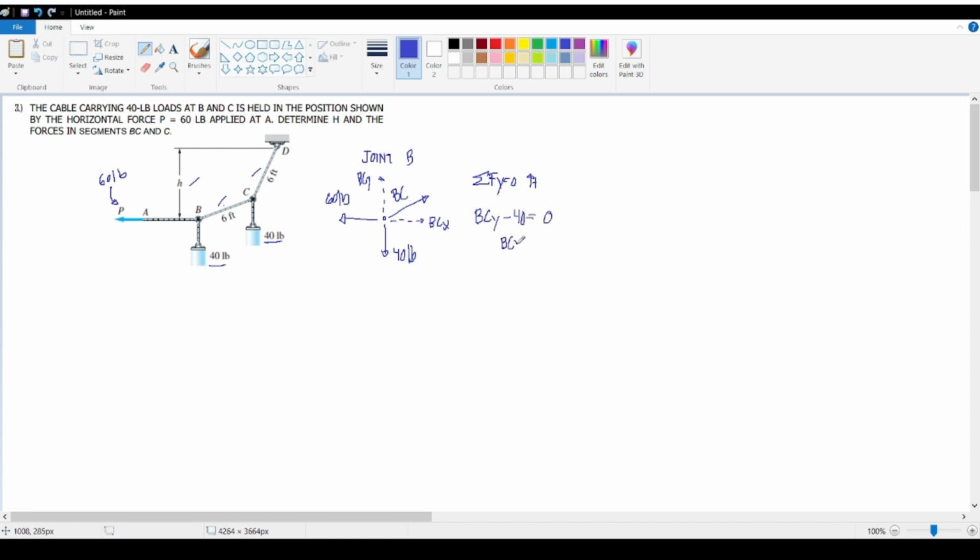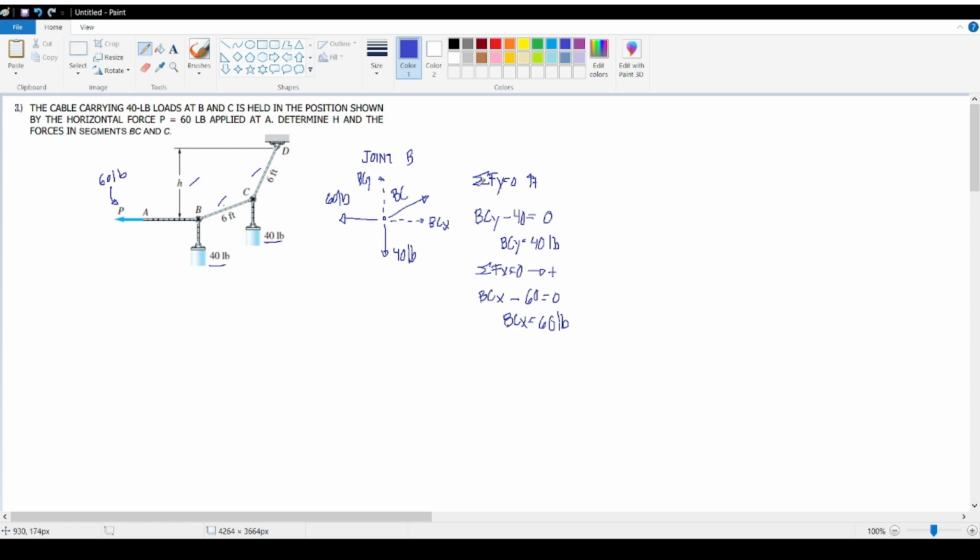So we know that BCY is equal to 40 pounds. If we take the summation of forces along x, assuming that the forces going to the right are positive, we have BCX, which is directed to the right, and we subtract 60, which is going to the left. So we can solve that BCX is equal to 60 pounds.